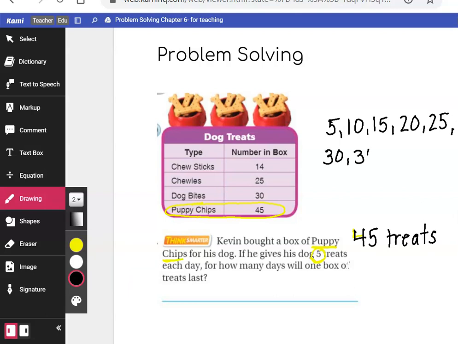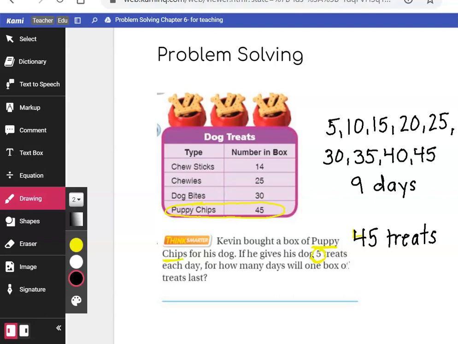And I'm going to keep going until I get to 45. So let's see how many days he could give his dog treats. 1, 2, 3, 4, 5, 6, 7, 8, 9 days he could give his dog treats before the box would be empty. Okay, so you have to visualize that. One day he gives 5, the next day another 5, and so they would be finished in 9 days.